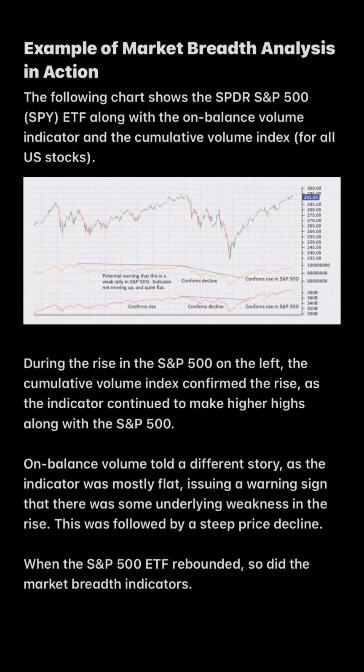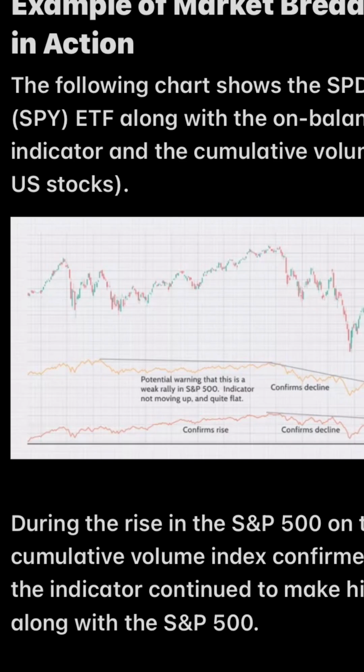The OBV had a different story as the indicator was mostly flat, issuing a warning sign that there was some underlying weakness in the rise. This was followed by a steep price decline. Then, when the S&P rebounded, so did the market breadth indicators, as you can see on the chart. This chart is kind of small, so I'll blow it up so you can see it a little bit.